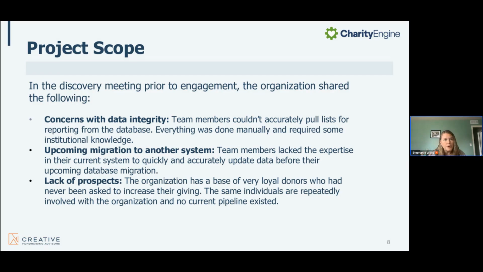The third might not have been apparent to them as something the data was preventing. What I found is the theater had a very loyal base of donors who gave, but they had never been asked to increase their gift, and there was not a big pipeline.